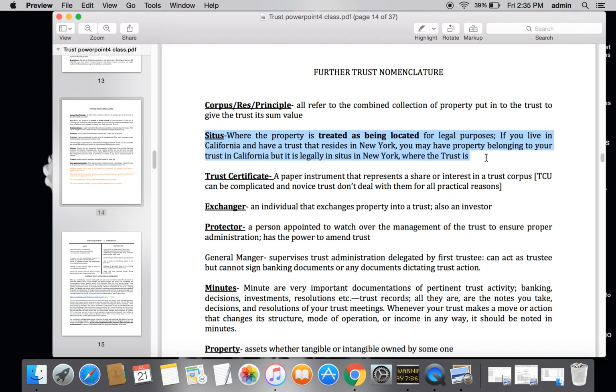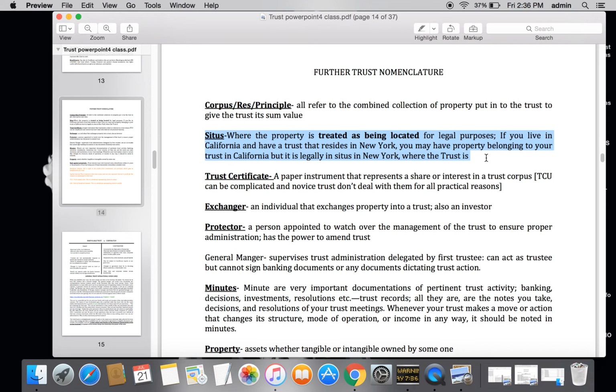Situs. Situs is where the property is treated as being located for legal purposes. Now, notice they say treated as being located for legal purposes. So now if you have a trust in New York, but you live in California, and you administer your trust from California, and you put property in your trust, your property may be located in California initially, but since it's in your trust located in New York, then your property is legally sitused in New York, where the trust is.